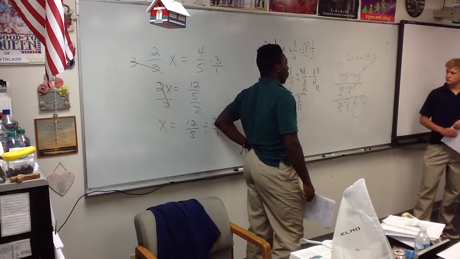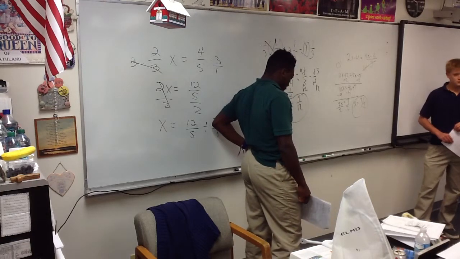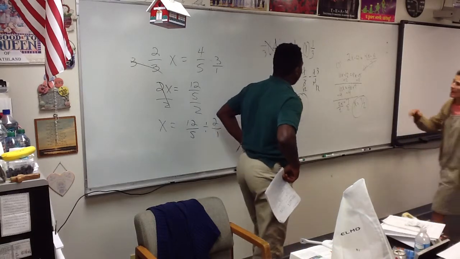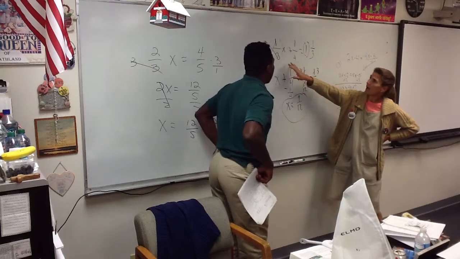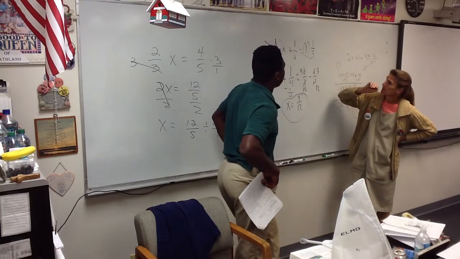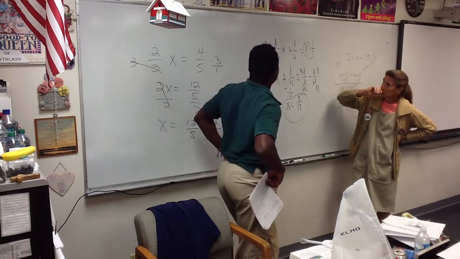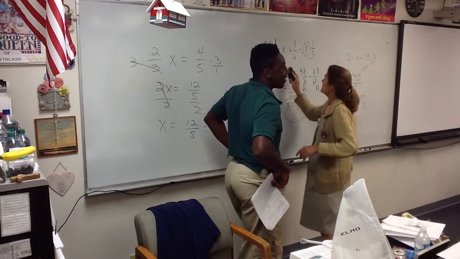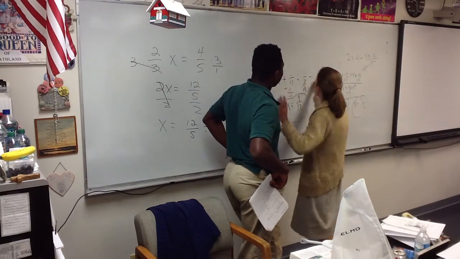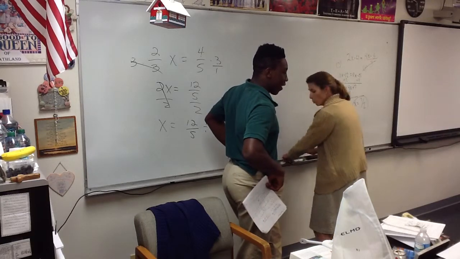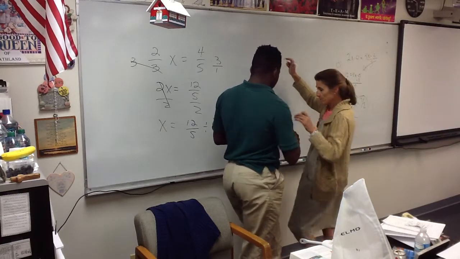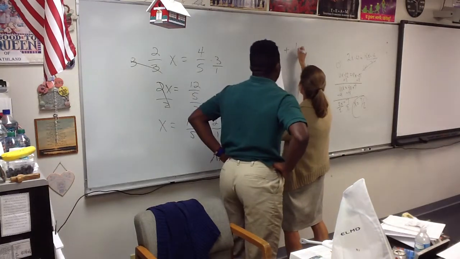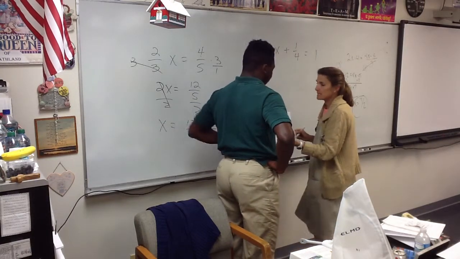I need to talk to Jabron for a moment about his strategy. He said he was going to times everything. I had to do 3 over 1. Yes, you did. Now, here's another thing though. There were 2 mistakes there. One mistake was he multiplied by the wrong thing, and that's an easy mistake to make.